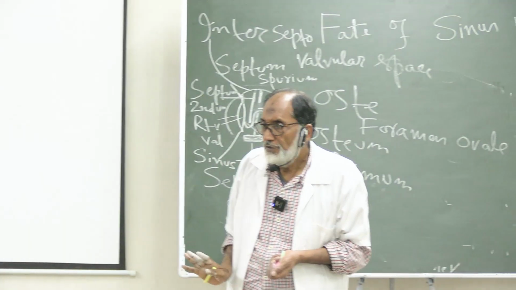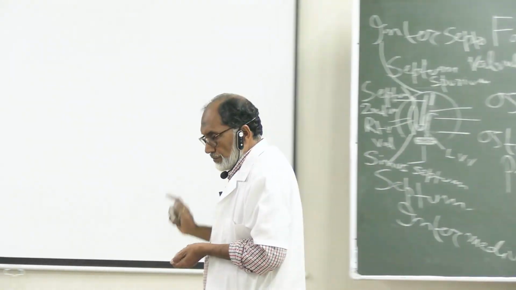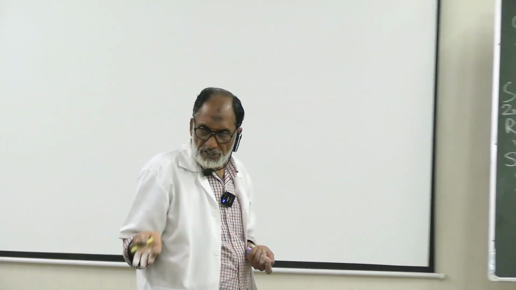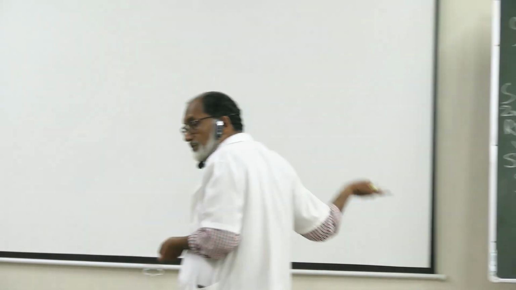Now, if you are asked to write a short note on the development of the interatrial septum, or if you are asked in the practical exam what the sources of development of the interatrial septum are: Number 1, septum primum. Number 2, septum secundum. Number 3, septum intermedium.